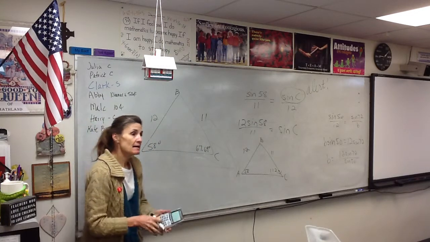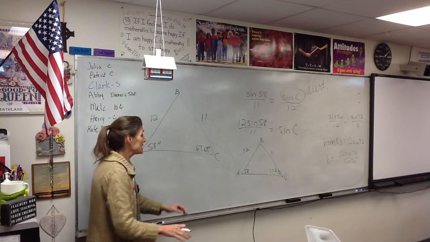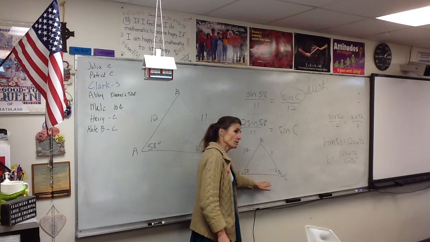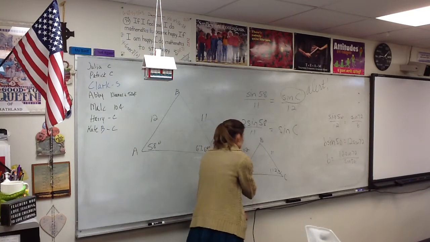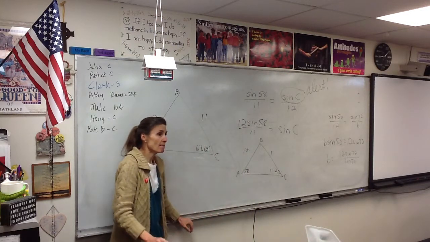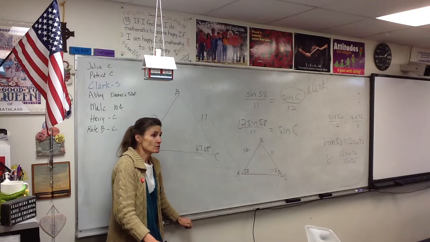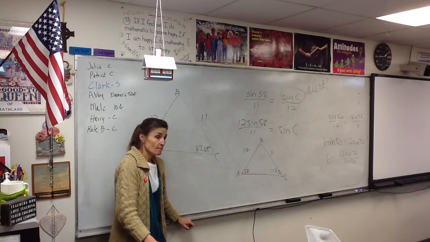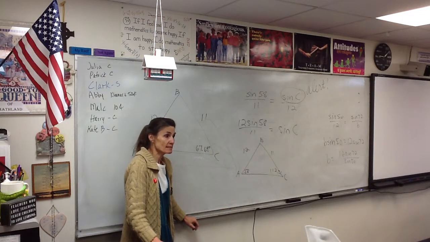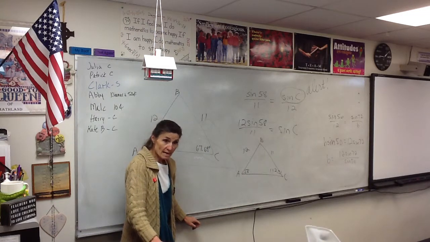And then I say to myself, is it possible to have a triangle with a 58 and 112? Is that possible? The answer is yes, because 58 and 112 add up to be less than 180.